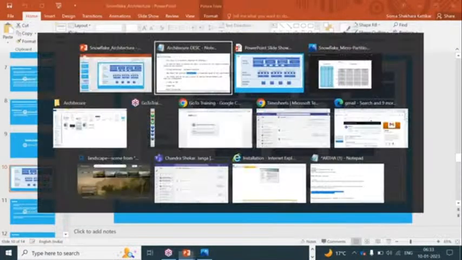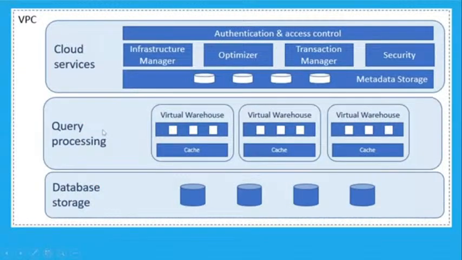I will tell you. See, this query processing layer is a virtual warehouse, which is a compute layer, and these are hardware resources for your Snowflake. It is required to process all your requests in your Snowflake.